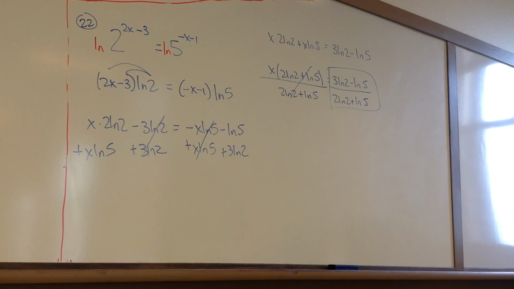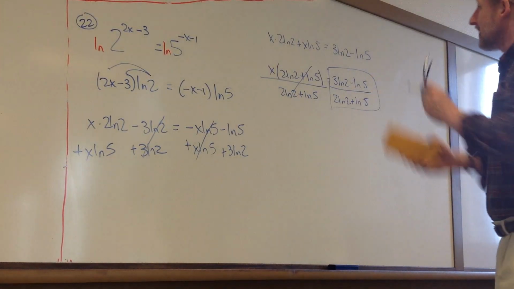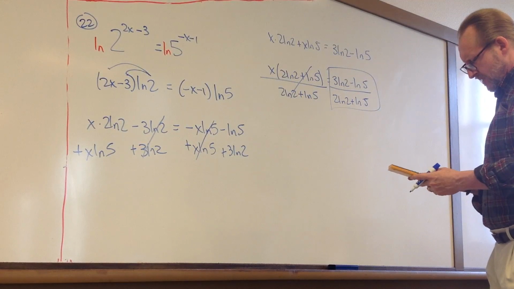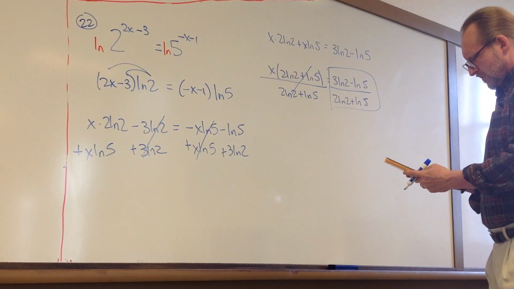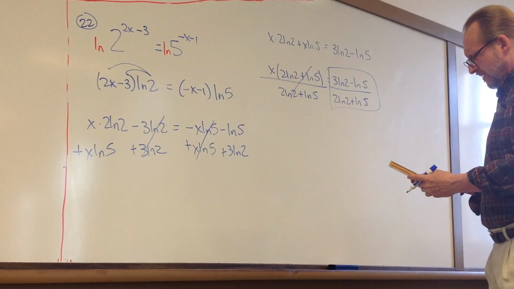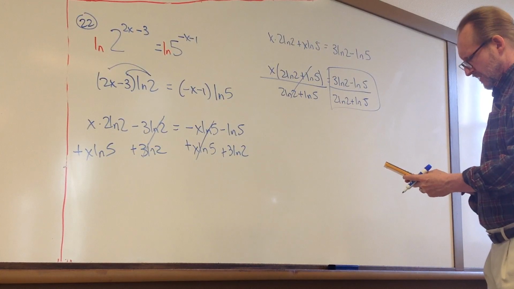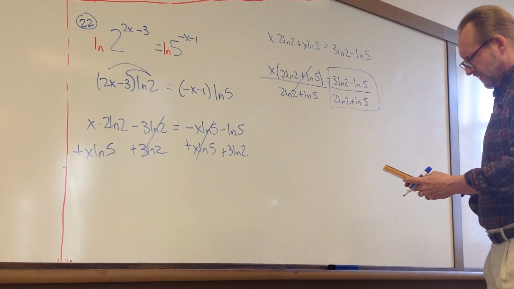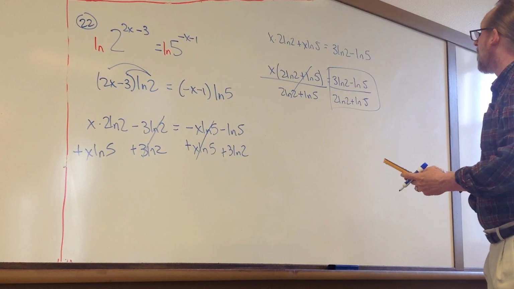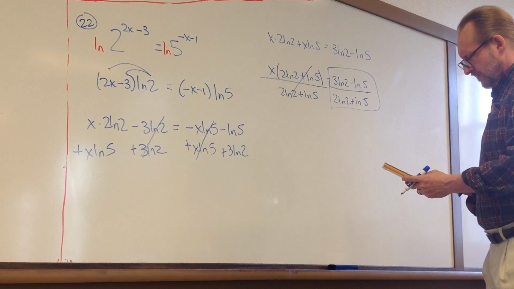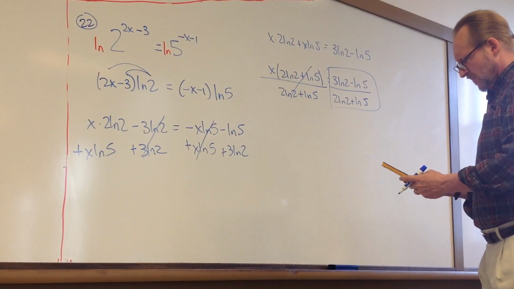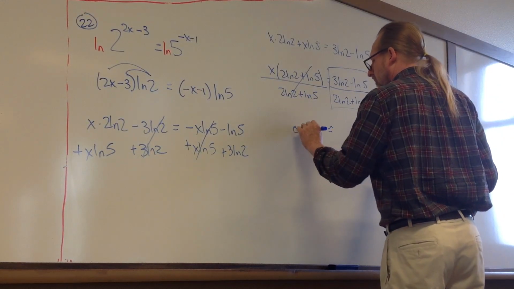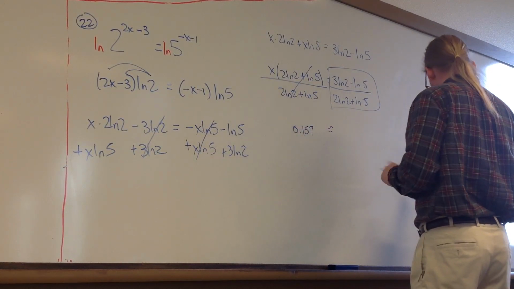But as I like to say, exactly what? I mean, what is this number? So that's why we want to get a good approximation for it. So 3ln2 minus ln5. And then we'll divide that by 2ln2, oops, almost forgot my parentheses. Parentheses, 2ln2 plus ln5. And we get approximately 0.157.